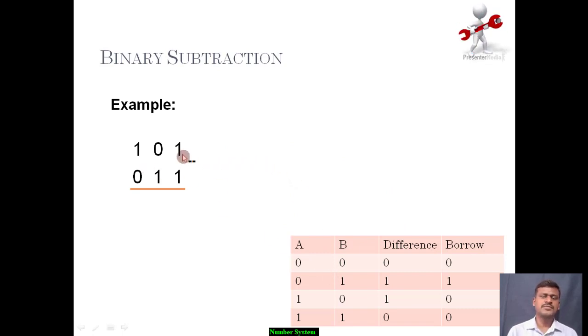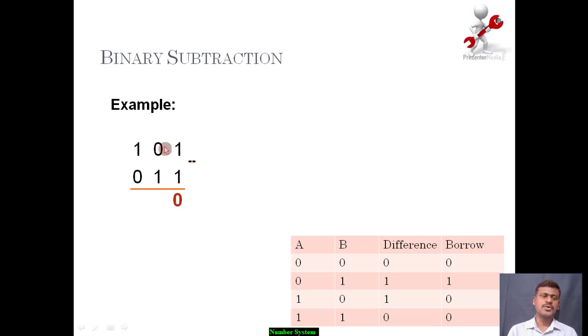So first one is, we need to start from the right side of the equation, that is 1 minus 1. 1 minus 1 will give you 0 difference with no borrow, right? So answer is 0.